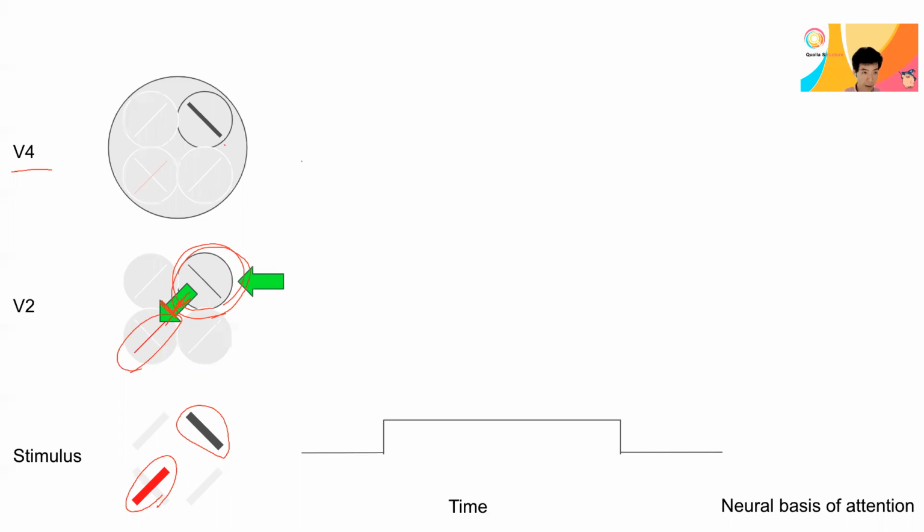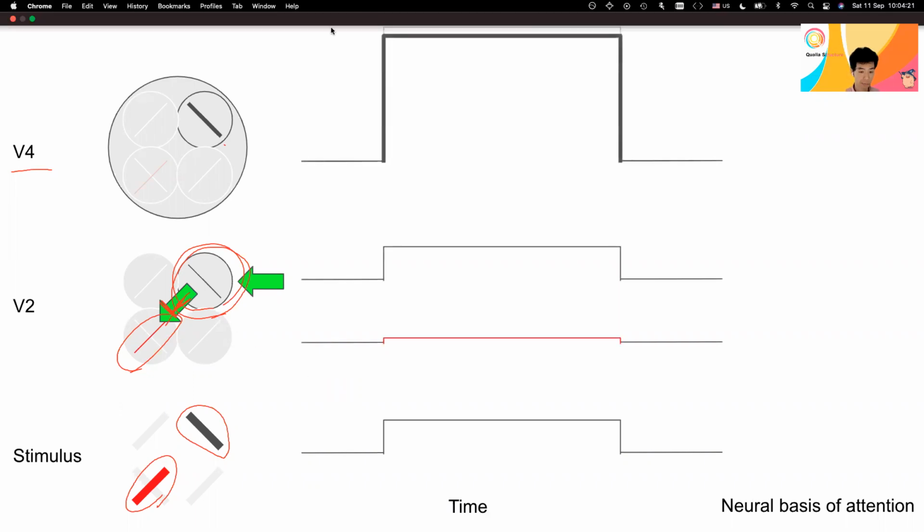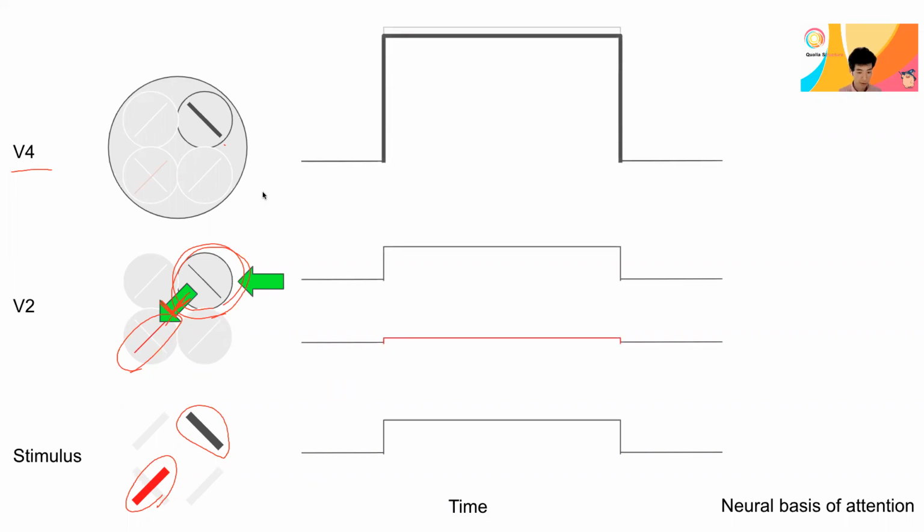Then, happily, V4 neurons are going to receive good input as a whole from all these other three neurons, and the bad influence from this one V2 neuron gets diminished, and therefore the V4 neuron's response goes up from intermediate to almost as strong as before. That's a prediction.